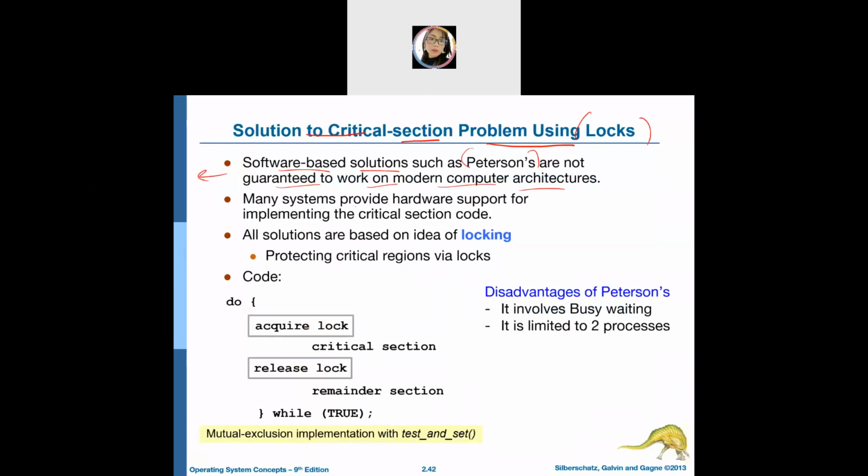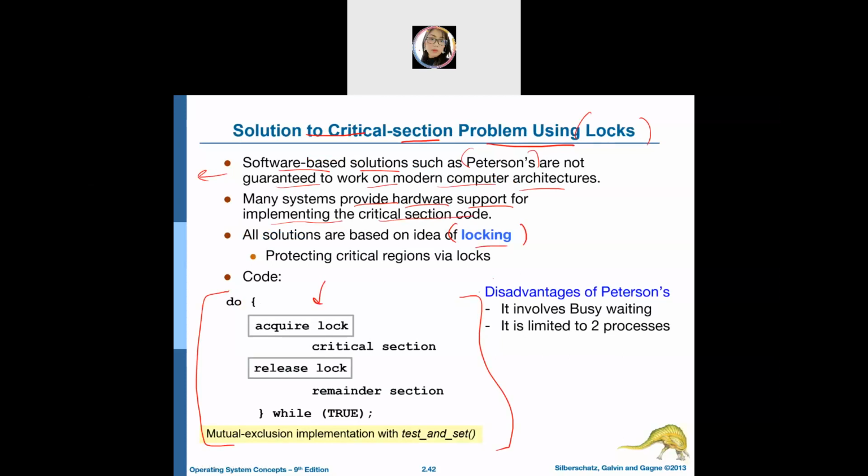Many systems provide hardware support for implementing the critical section code. So a solution is ideal using a locking. So this is the code that we're going to use after this, using a locking.